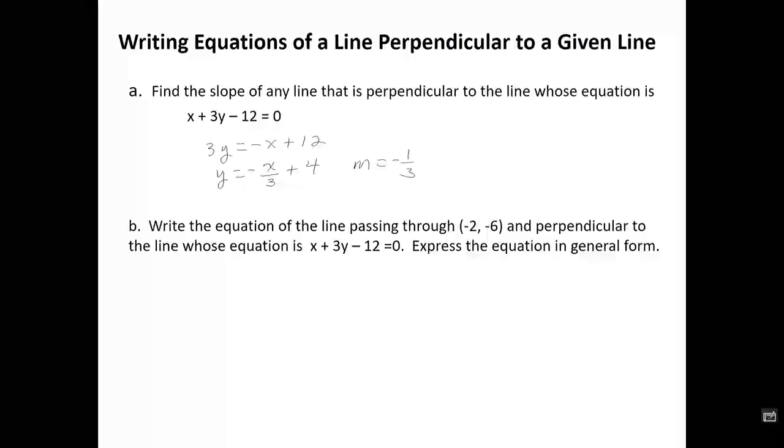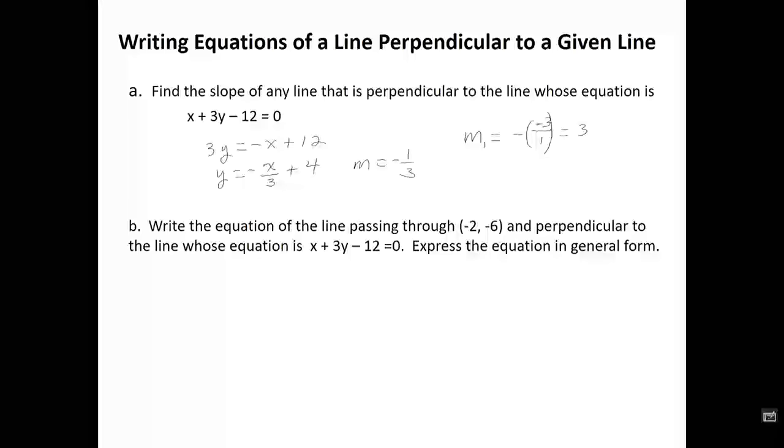But the line that we want to find the equation of is perpendicular to the given line. So if the given line has a slope of -1/3, the slope of a line perpendicular to this would be the negative reciprocal. So the slope of the line that we want is the negative reciprocal of -1/3, which is 3.